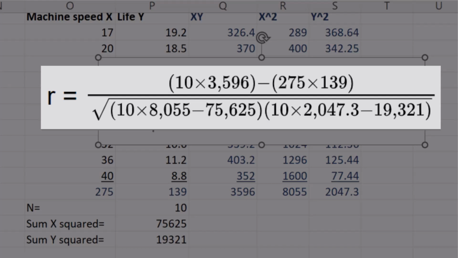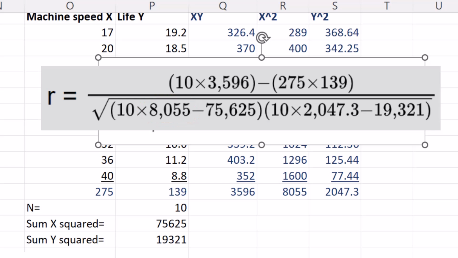Make sure you understand where each of those figures comes from, and make sure you understand the difference between x squared to the power of 2, that's the x squared in the brackets raised to the power of 2, versus the sum of x squared, which is that column above, that's column R.